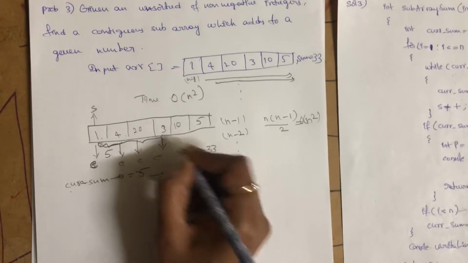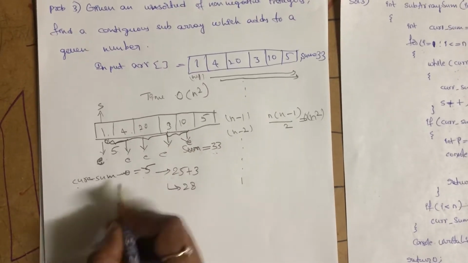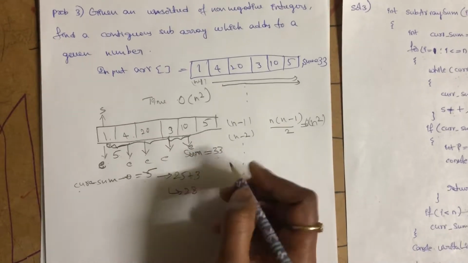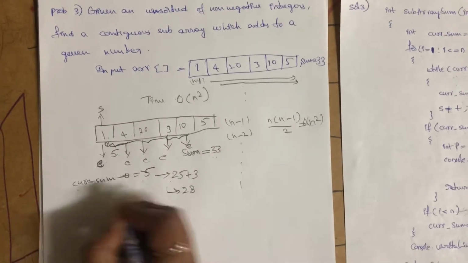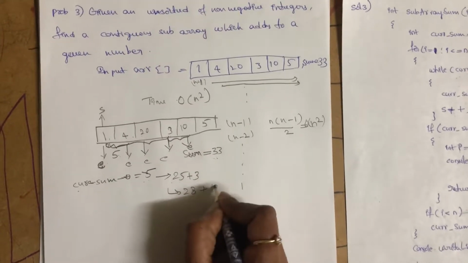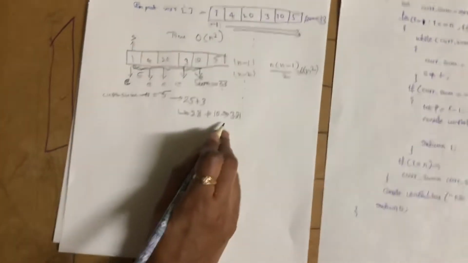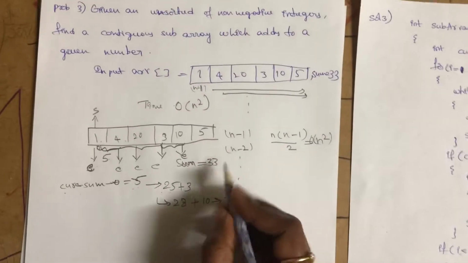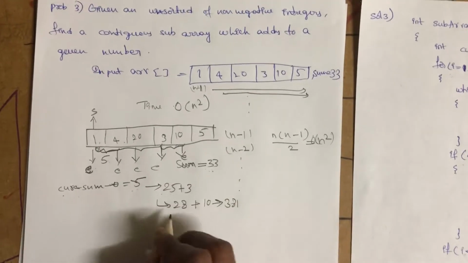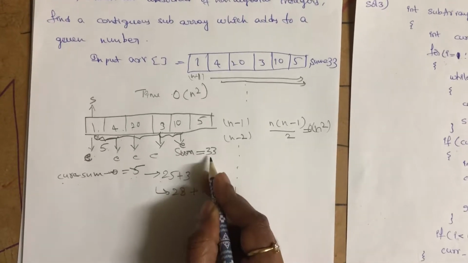Now again I move the end pointer and add that element to the current sum, and now the current sum is 38. I check the condition again. Yes, the current sum is now greater than or equal to the sum.